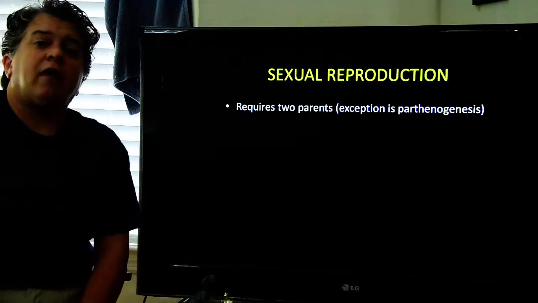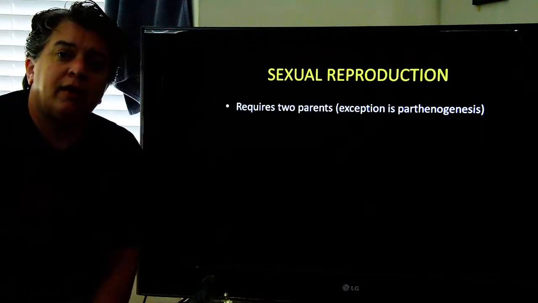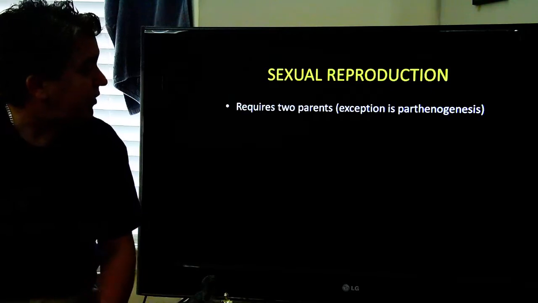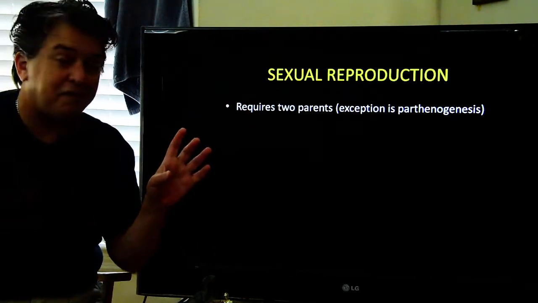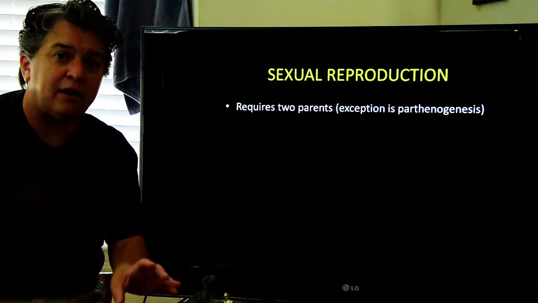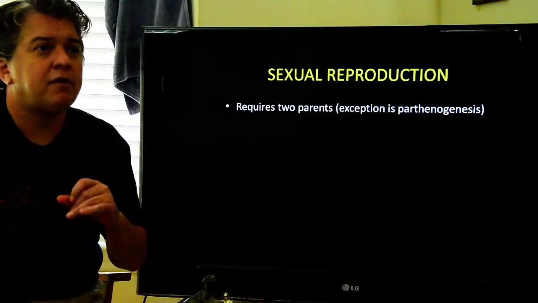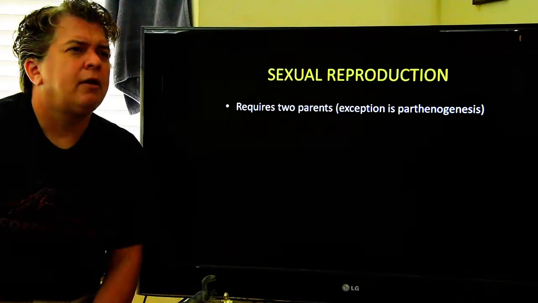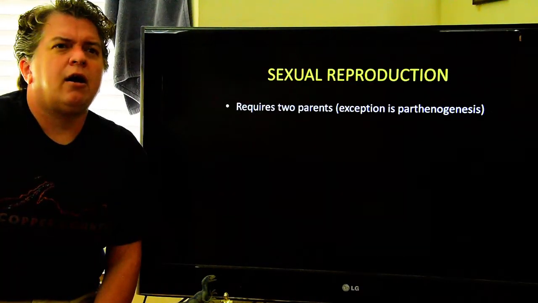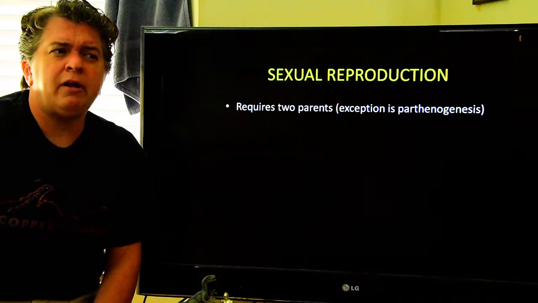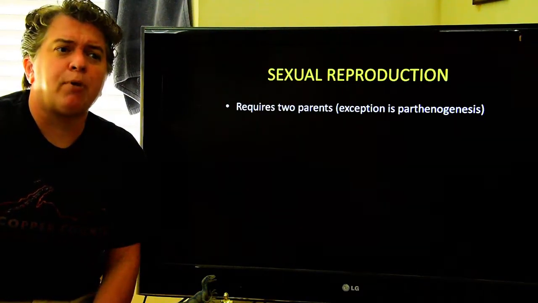Now, the other type of reproduction that can happen is sexual reproduction. And this requires two parents. Now, there is an exception called parthenogenesis. Parthenogenesis can happen in, let's see, fish, amphibians, reptiles, and I believe it's also being documented in birds.